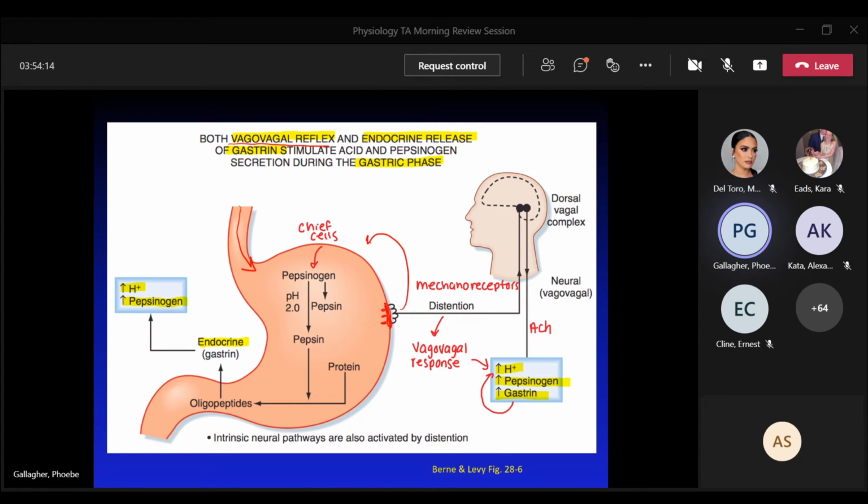Some of them will upregulate NO release to help make the stomach more distended, as we already talked about. But some of this is also going to lead to the release of acetylcholine. Acetylcholine will then trigger the cells in the stomach, such as the parietal cells, the chief cells, and the G cells, to increase HCl, pepsinogen, and gastrin release, as we already discussed.